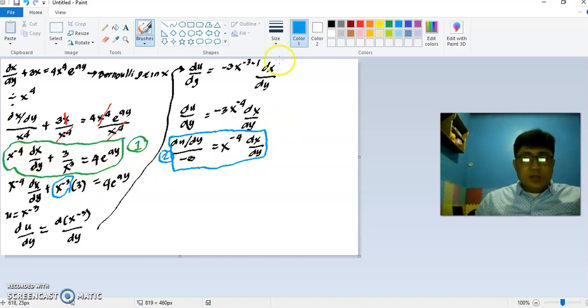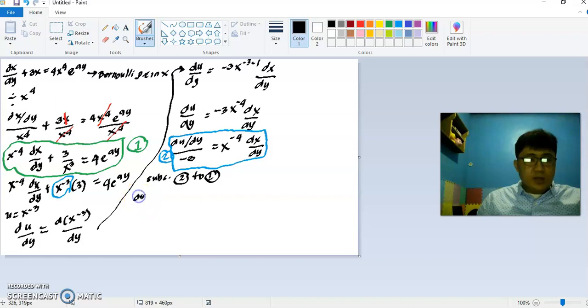Okay. So now let's substitute 2 into 1. So our 1 is this one, which is substituted with this one.